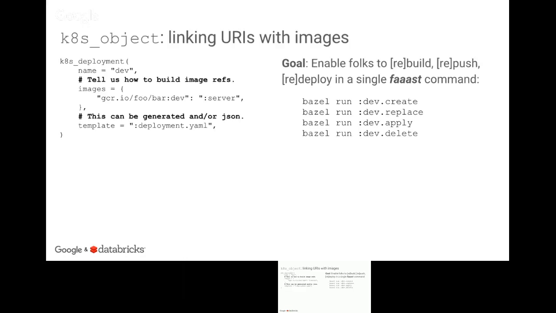If I now want to make a change and see that in action, I can run Bazel run dev.replace, and it will rebuild, repush, and redeploy my changes as quickly as your build executes, basically. For those of you who are of the kubectl apply religion, you can use apply as well. I have no skin in that game. And then when you're done at the end of the day, you can run Bazel run dev.delete to tear down.